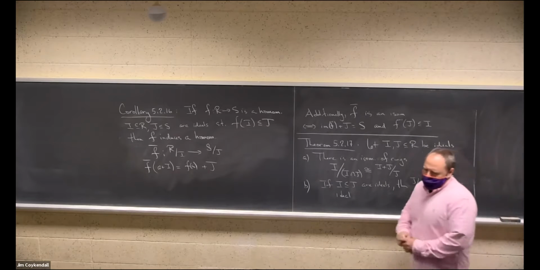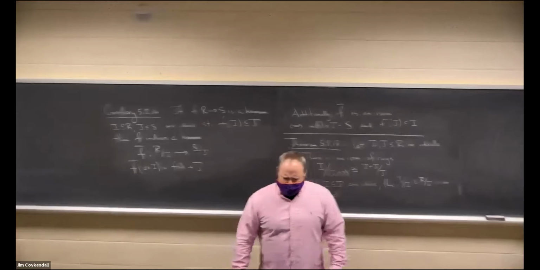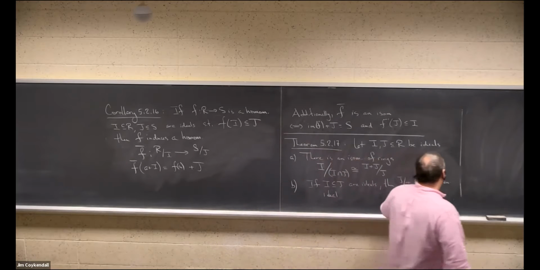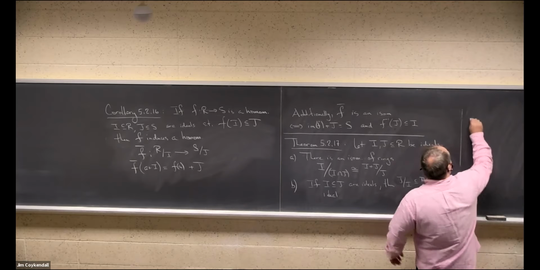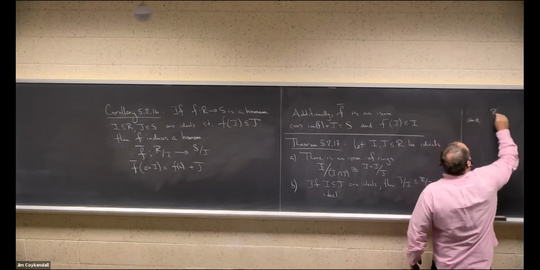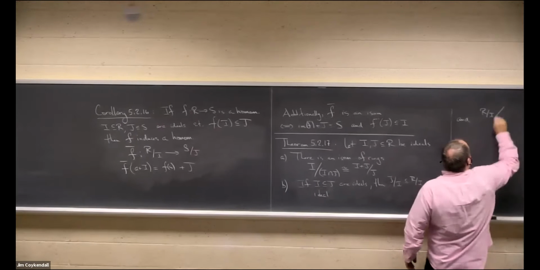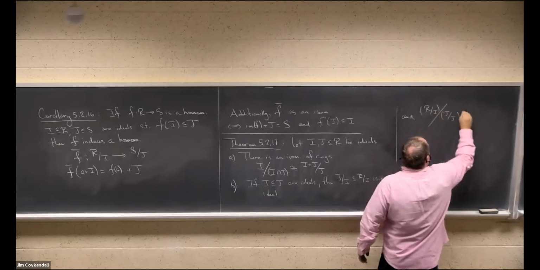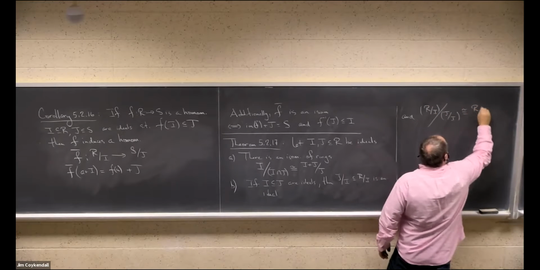And of course, if I have an ideal, I can mod out by it. So what happens? I take R mod I mod the ideal J mod I. That's isomorphic to R mod J.